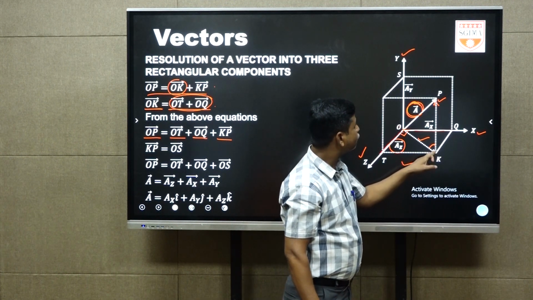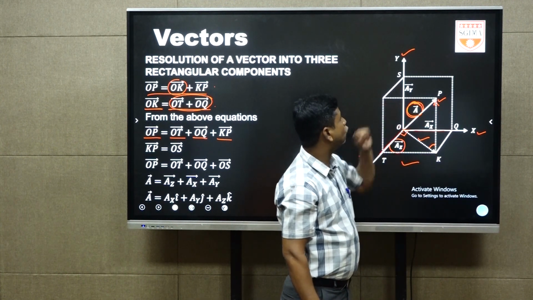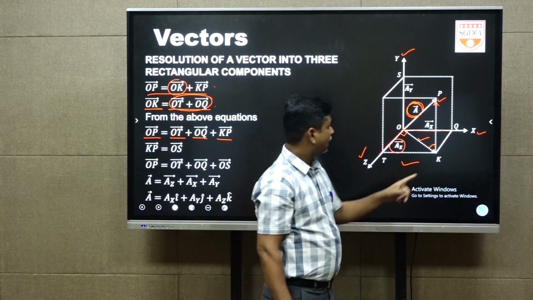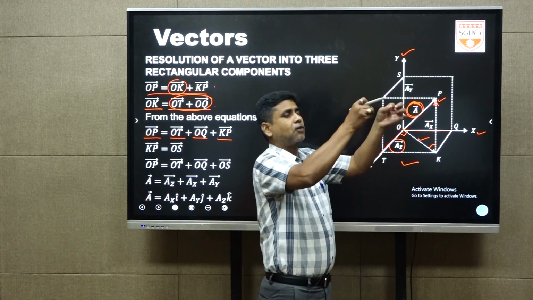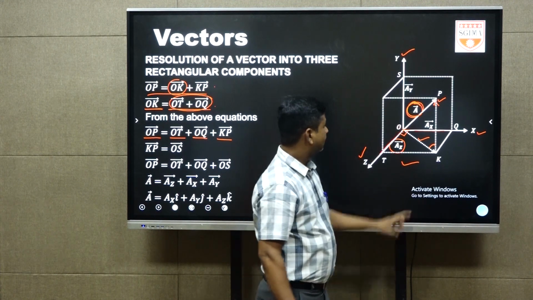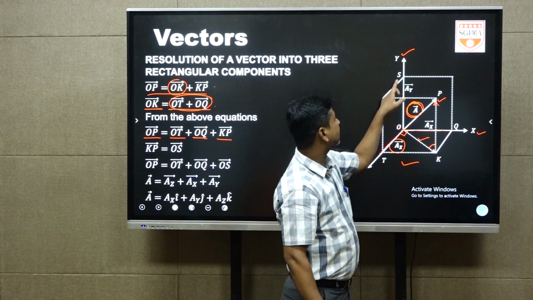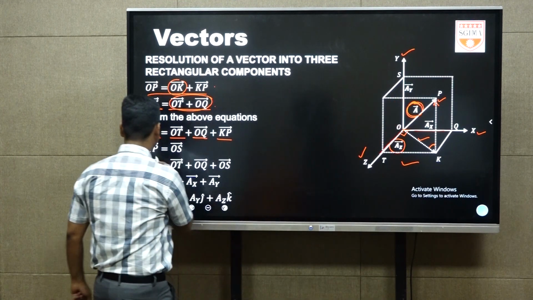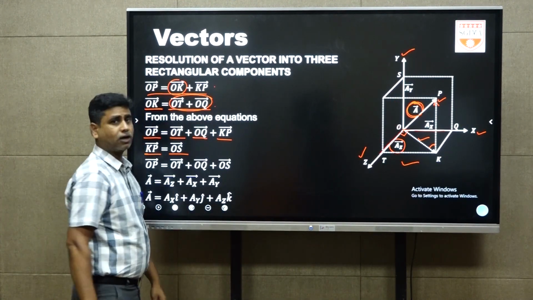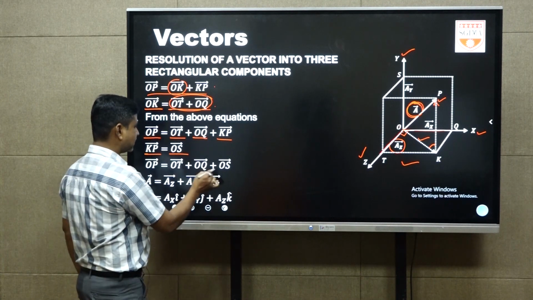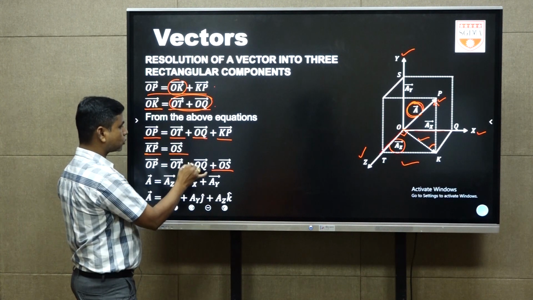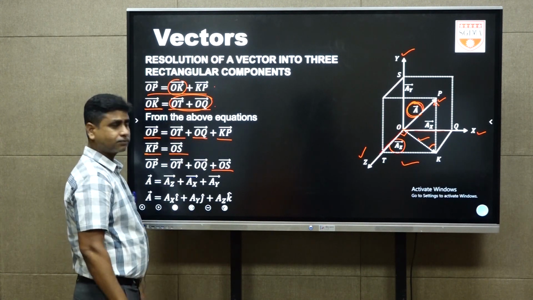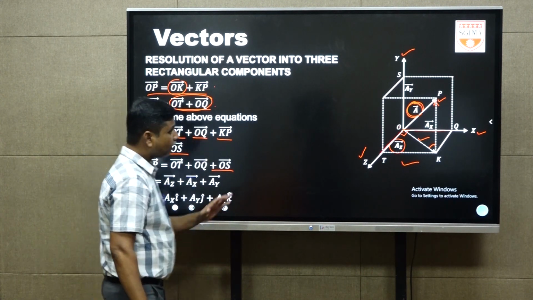The length of KP and the length of OS are the same, and both act in the same, upward direction. That's why KP can be written as OS. Here KP bar equals OS bar. So OP bar equals OT bar plus OQ bar plus OS bar.